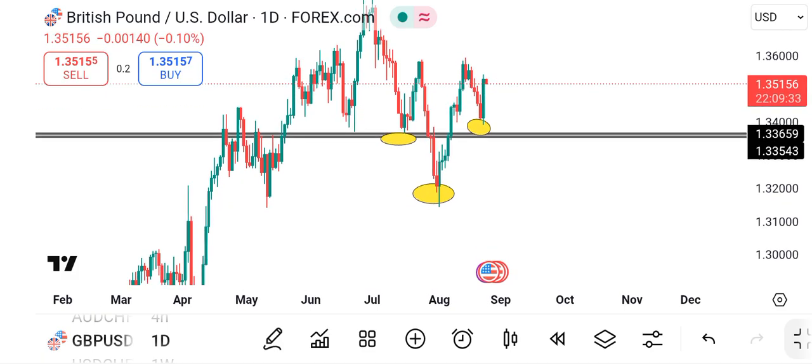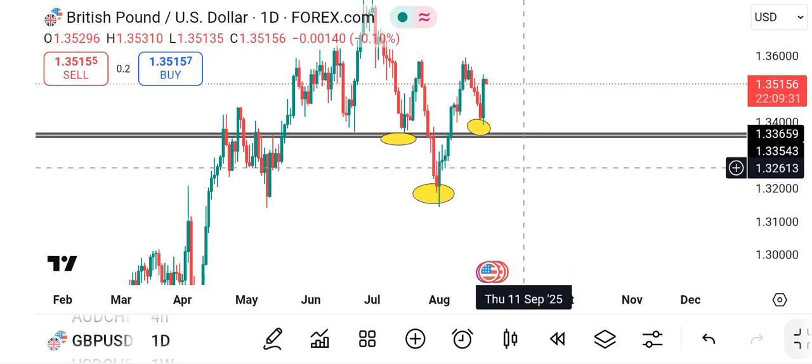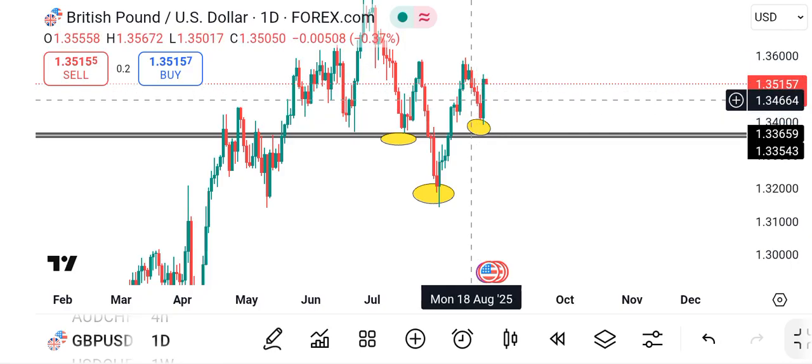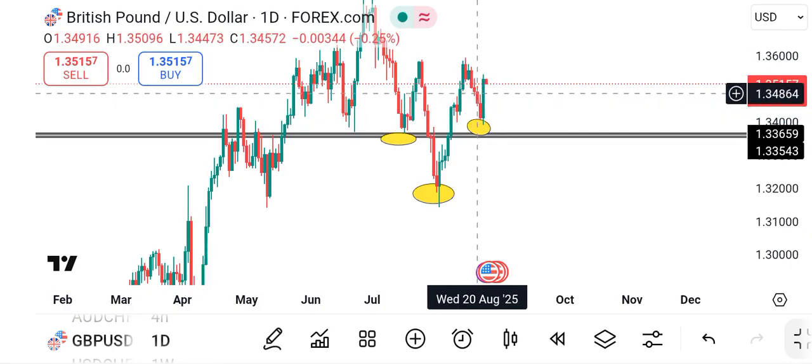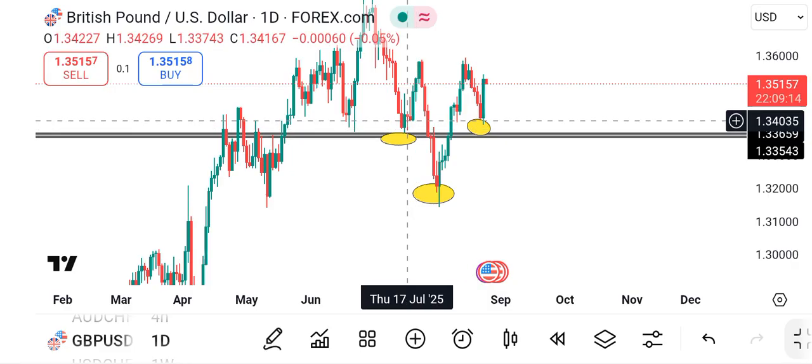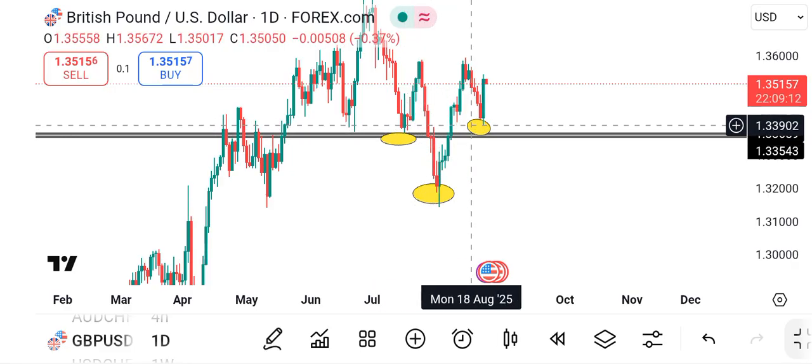Initially, when the market was pulling back in this bearish week, I was thinking it was going to come and fill up this space before I would buy from here. But unfortunately, I didn't know this is what it was going to do.